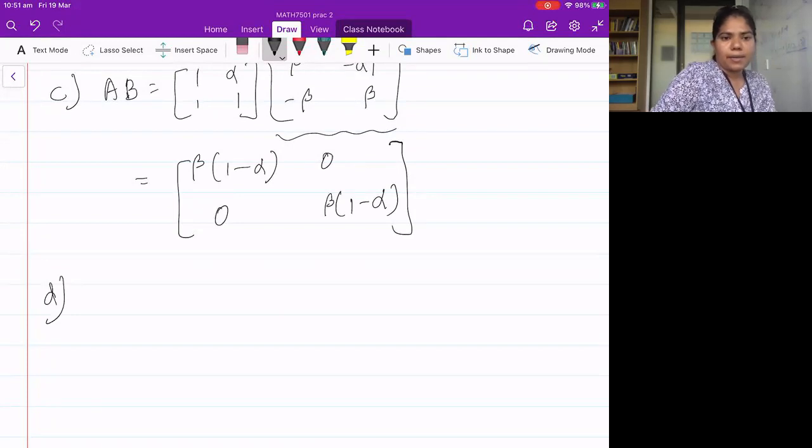Part D. Given a value of alpha with alpha not equal to 1, for which values of beta does B equal A inverse?